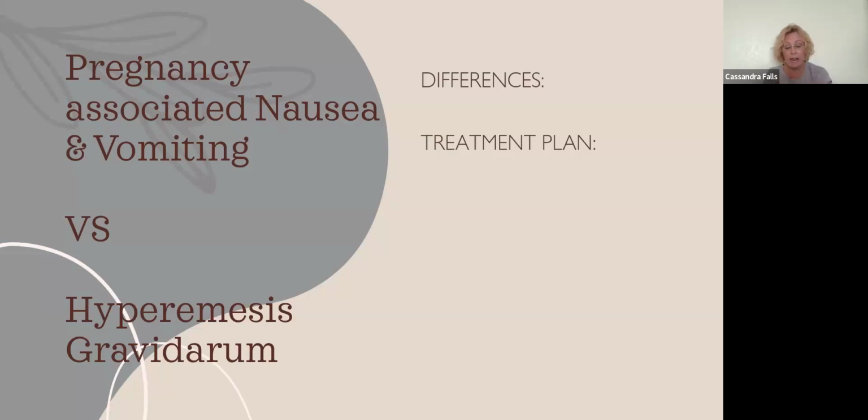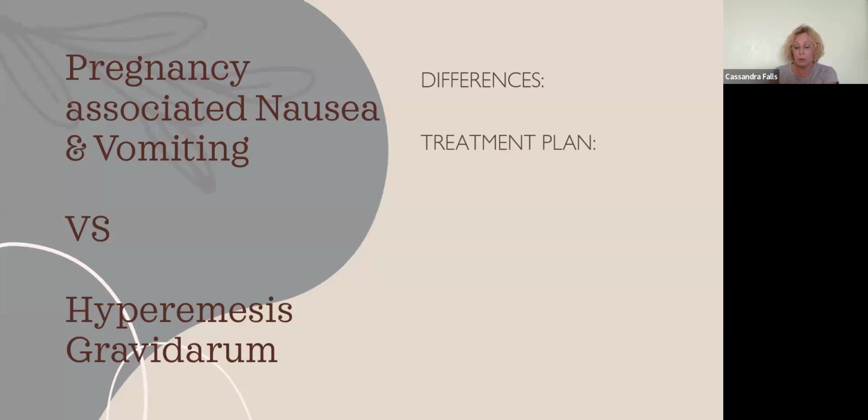And then when we kind of rank it, nausea and vomiting is mild to moderate. This is moderate to severe, and it's debilitating. These women can't go out of the house, they can't go to work, students can't go to school.